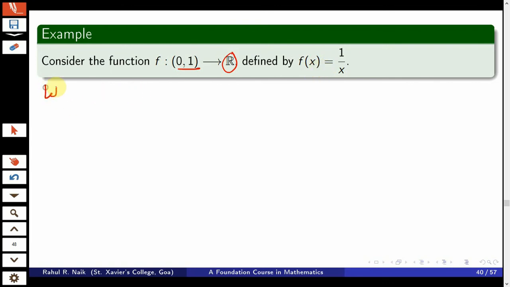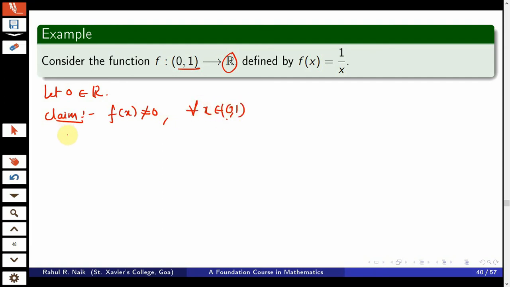Let 0, which is a point in Y, consider y equal to 0. I want to show that no point in the domain (0, 1) will form a pre-image for this 0. That is, f of x is not equal to 0 for any x in (0, 1).